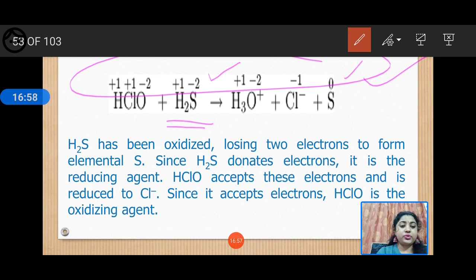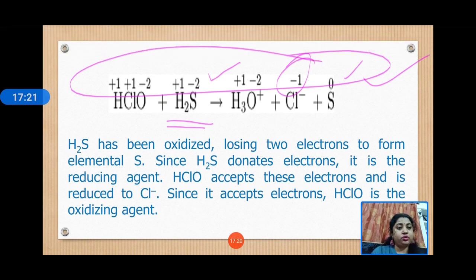Now since H2S donates electrons, it is the reducing agent. HClO accepts these electrons and is reduced to chloride. Since it accepts electrons, HClO is the oxidizing agent.